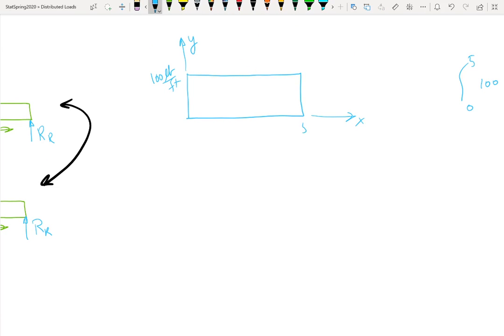Let's make this 5. Let's say you take one sliver of this, call it dx, and so the weight of this thing is equal to 100 times dx, or it's equal to the function f of x dx, or sometimes it's just called y dx.